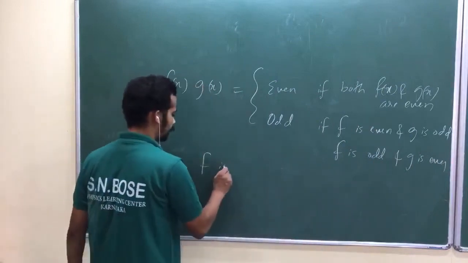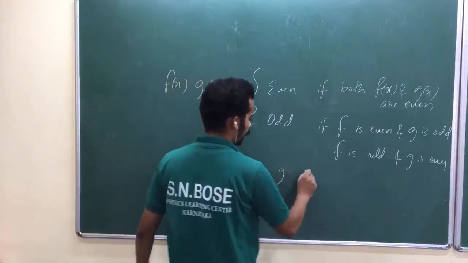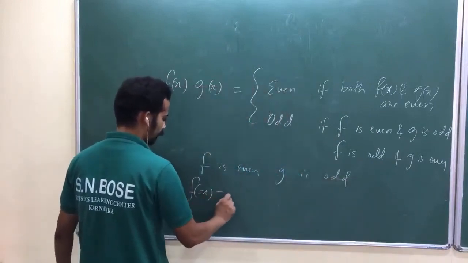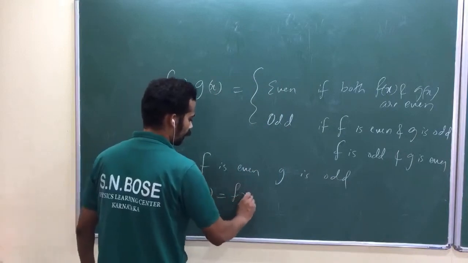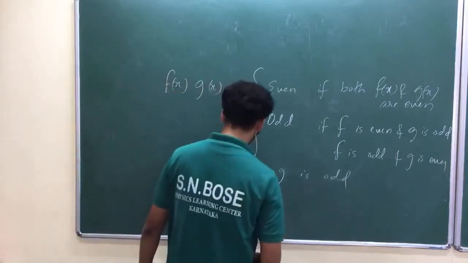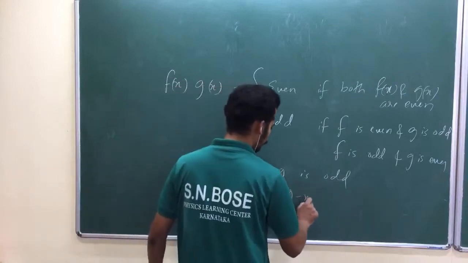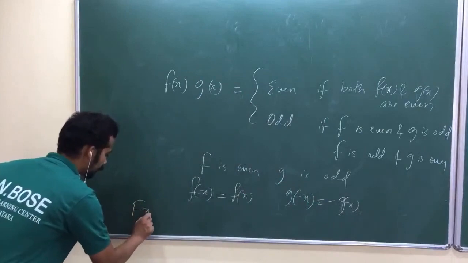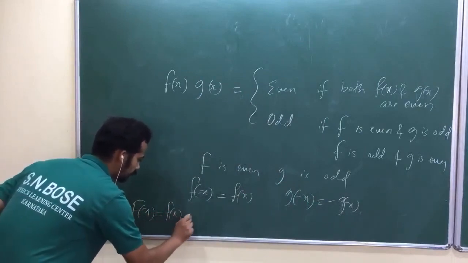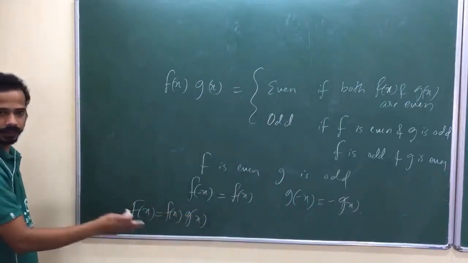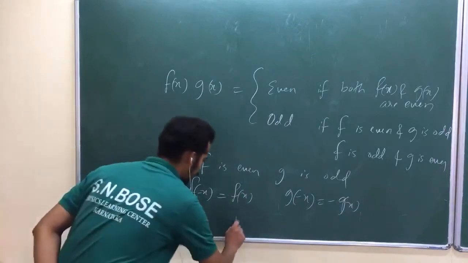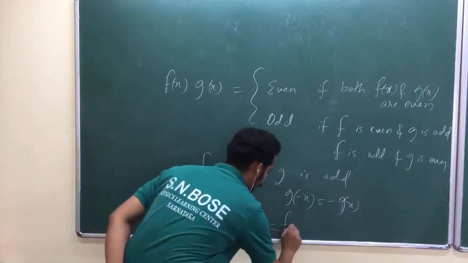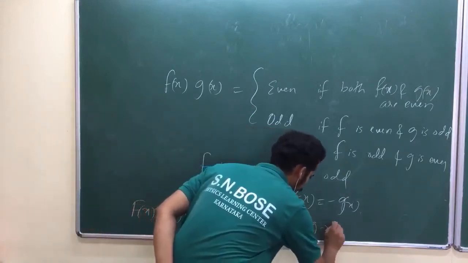Suppose f is even and g is odd. f is even means f of minus x is equal to f of x. Am I right? g is odd means g of minus x is equal to minus g of x. If you multiply both, let me write it as capital F of x, that is f of x into g of x. Now, if I see the nature of this function, f of minus x times g of minus x, isn't it?